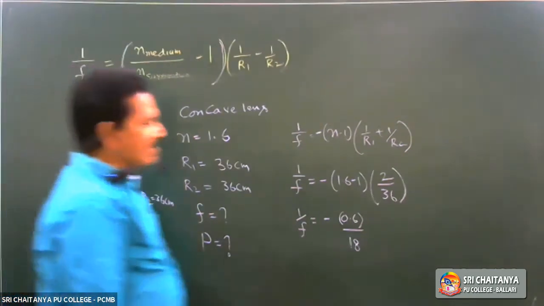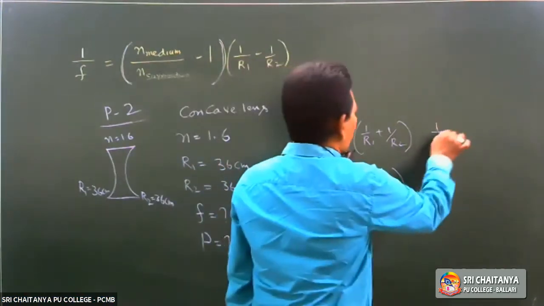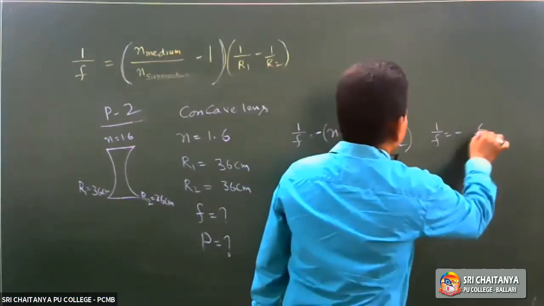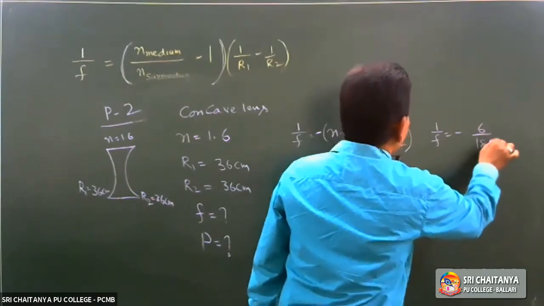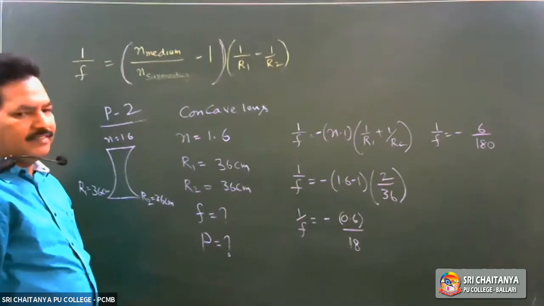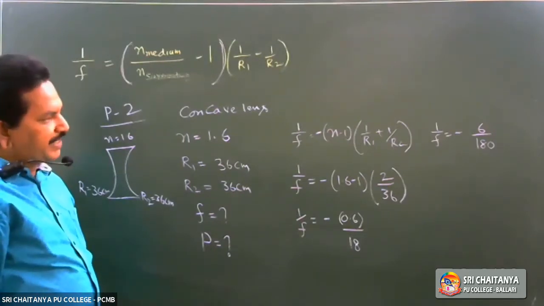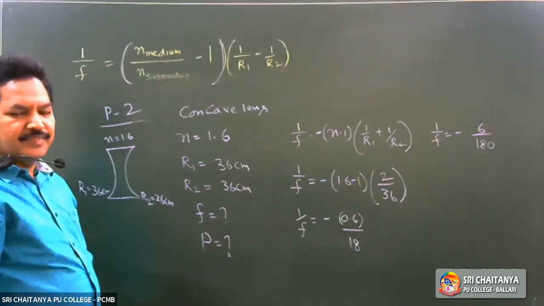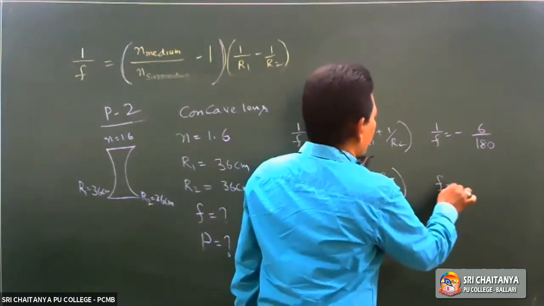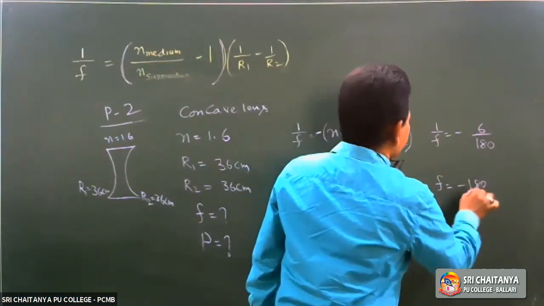This can be written as 1 by f is equal to minus 6 by 10 into 1 by 18, 6 by 10 into 18, 18 into 10, 180, 6 by 180. So f is equal to minus 180 by 6.